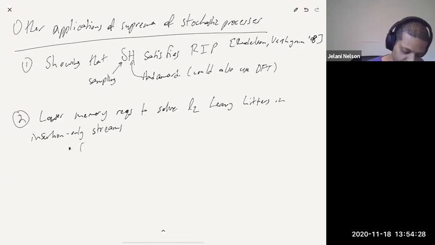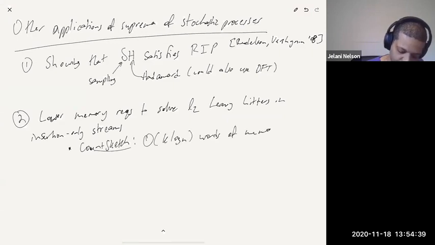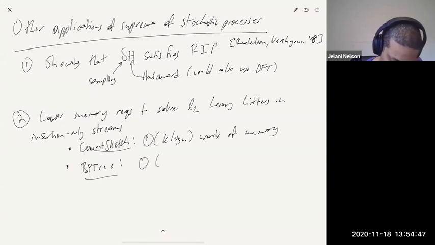So you know that the count sketch uses O of K log N words of memory. And it turns out there's another data structure called the BP tree, which uses K log K words.